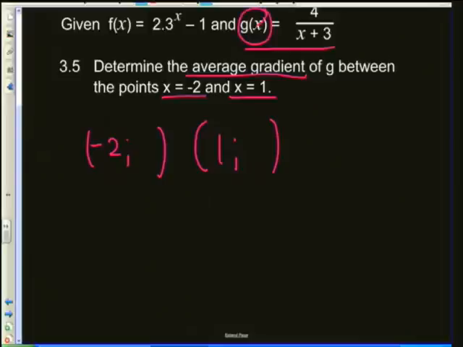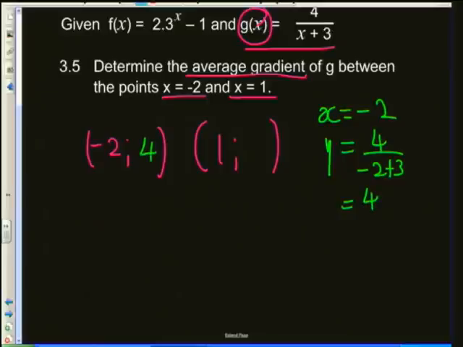Right, so let's do it here on the side in green. So for x is equal to -2, my y will be 4 over -2 plus 3, and that is actually going to be 4 over 1, so it's 4. Okay, so it means that that point there is 4. All right, and what about when x is equal to 1?